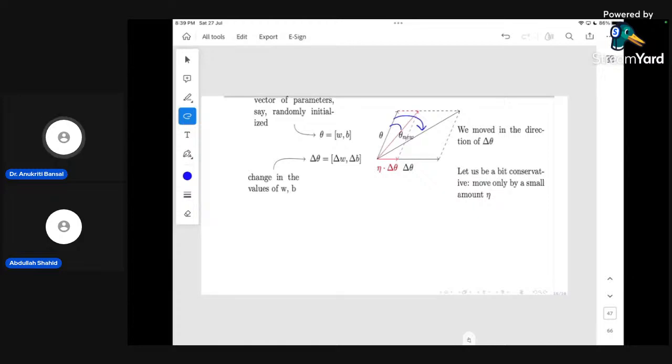Now, what is the right delta theta to use so that I can get a better approximation and make sure that I'm going in the right direction and not in the wrong direction? Because it may be possible that if I add this delta theta into my theta, it can give me more error. So how do I decide which direction to move?